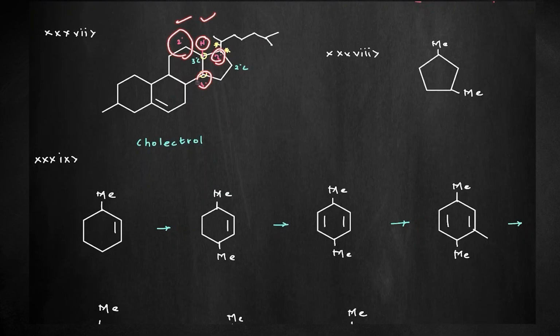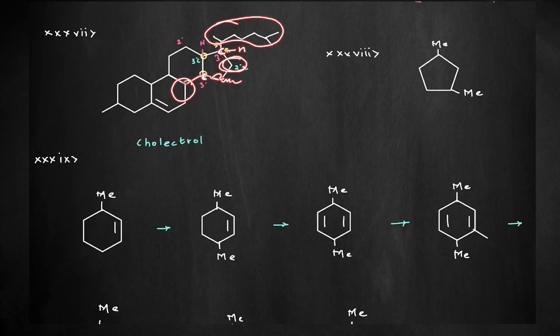Here is a tertiary, but here is also tertiary. But now if you look at this particular carbon, it has CH, this whole group, okay, and the attachment is here. But here the carbon is having CH2 and this. So this whole group and this tertiary group are different. So this is also a chiral and this is also a chiral. Okay, so I'm marking this as a chiral and this as a chiral atom here.